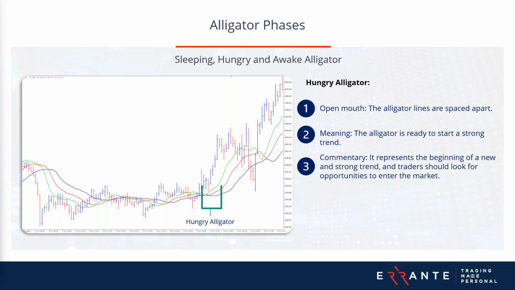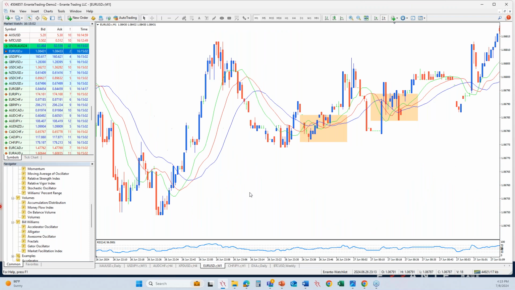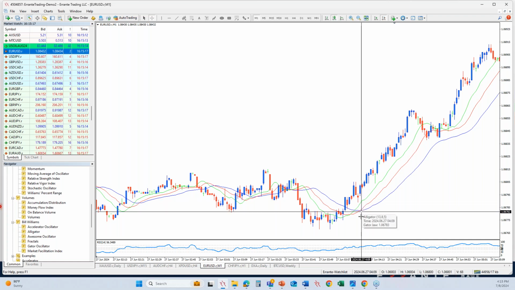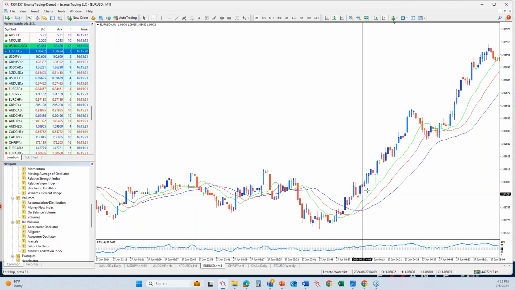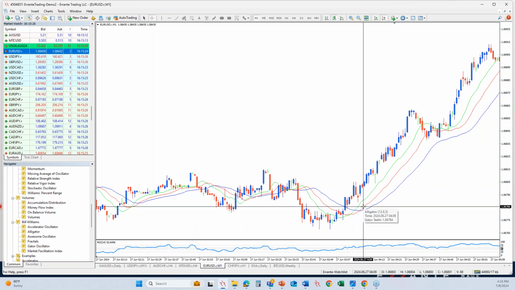As an implication, I would say if the green line is above the red line, as you see here, and the red line is above the blue line, and all lines are moving upwards and the price is moving above all of the system, it indicates a bullish trend.